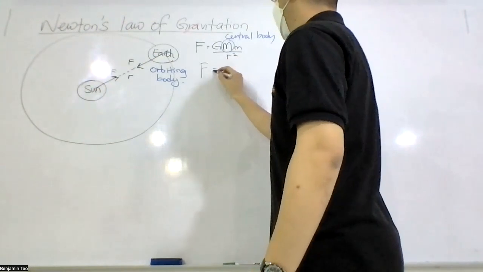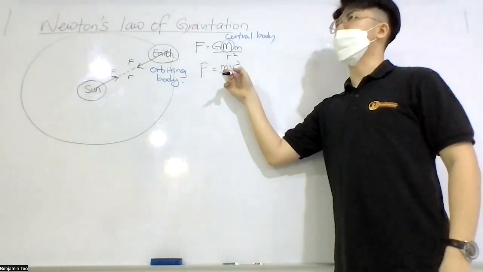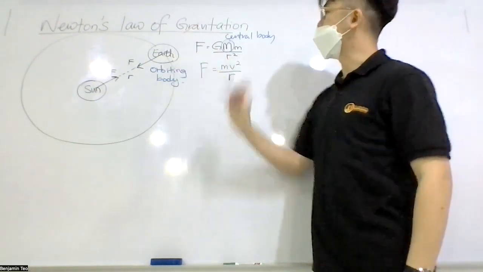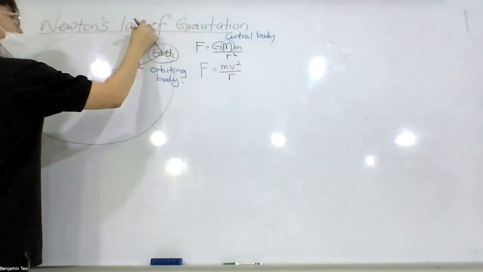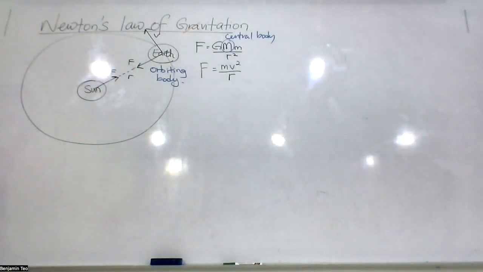Centripetal force is given by mv squared over r. Whose m is this? The mass of the earth. V is the linear velocity of the earth, and r, of course, is the radius.